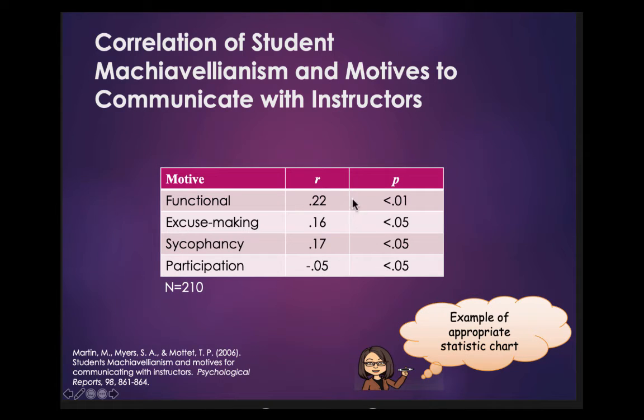Essentially, if you are a Machiavellian, most of the time your reason for interacting with a teacher, based on the categories studied in this research, is very functional. You have a reason, you just need to understand something. So this chart is statistical and effective and appropriate because it's simple.